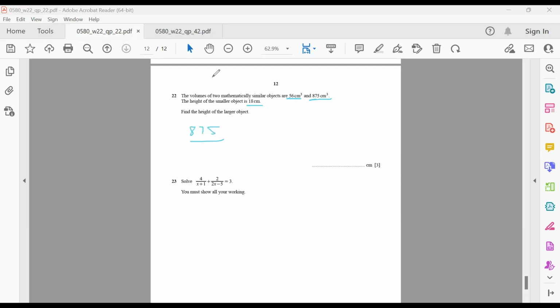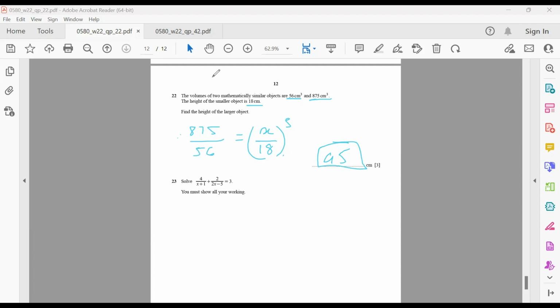So we can say that 875 upon 56 is equal to x upon 18, the whole cube. Now we're doing this because the ratios over here are in cm cube and over here are in cm. So if I were to evaluate, this should come out to be 45 as x. Yeah, it will come out to be 45, and that is your answer for the height of the larger object.